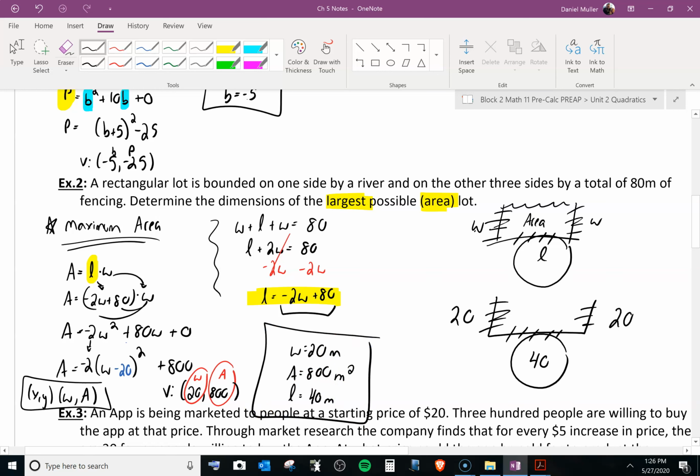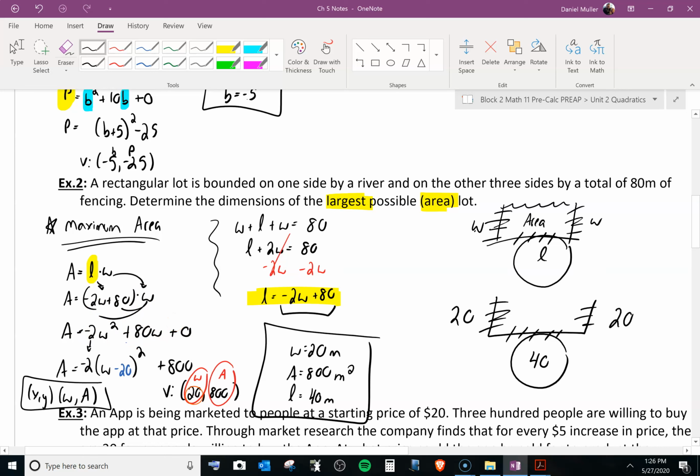All right, so that's that. Just to quickly recap, it says largest area, so I wrote maximum area. Area of a rectangle is length times width. Too many letters, so I used the other formula that they gave us to isolate one of the letters, and I threw it in. I multiplied it, got a quadratic equation. Normally it has x's, but here I have w's.